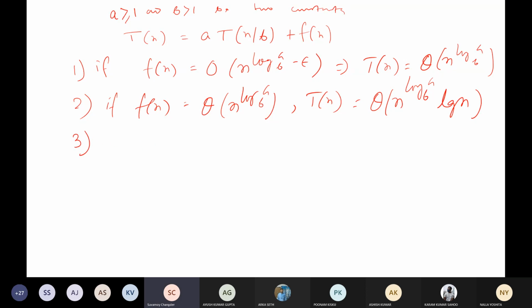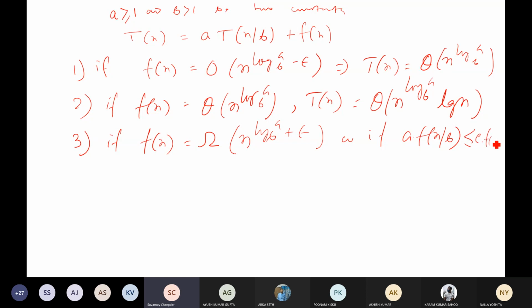And case 3 was that if f(n) can be bounded as omega of n to the power log a base b plus epsilon, and if a f(n/b) is less than or equal to c f(n) for some constant c less than 1, then T(n) can be bounded as theta of f(n). So this was the master theorem. Okay, this is known as the master theorem.